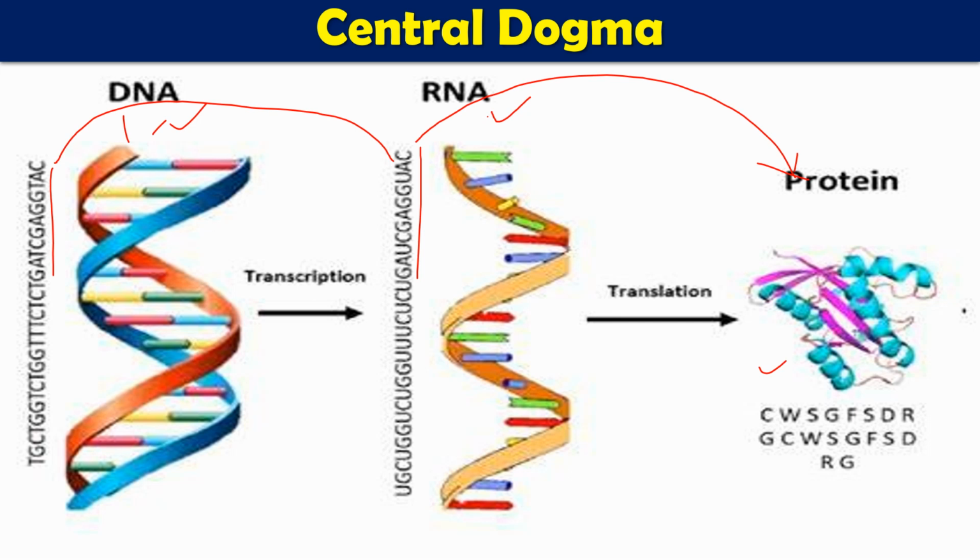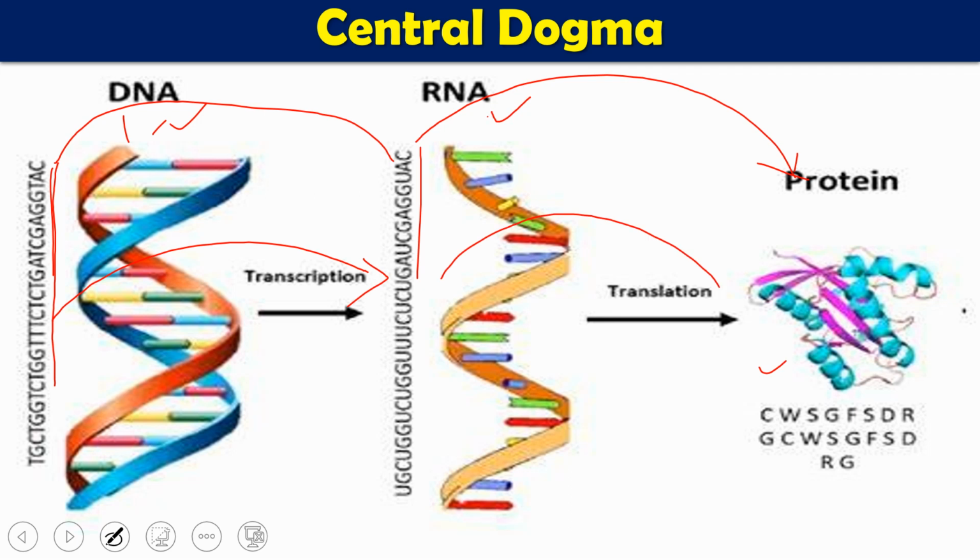Now if you change this DNA, if any of this sequence, any of the nucleotides, is changed or modified, ultimately it is going to affect the RNA, and that is going to affect the protein structure. And once the protein structure changes, it will be a new kind of protein. It will have new properties and new functions.